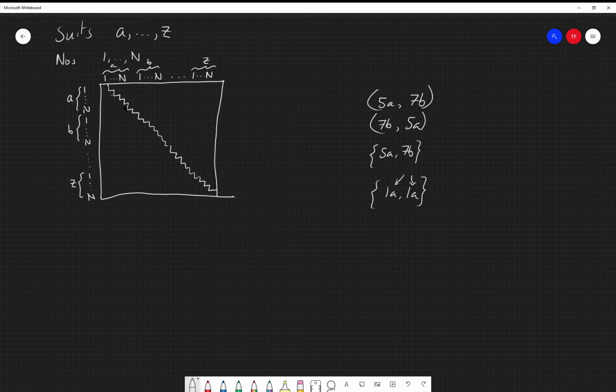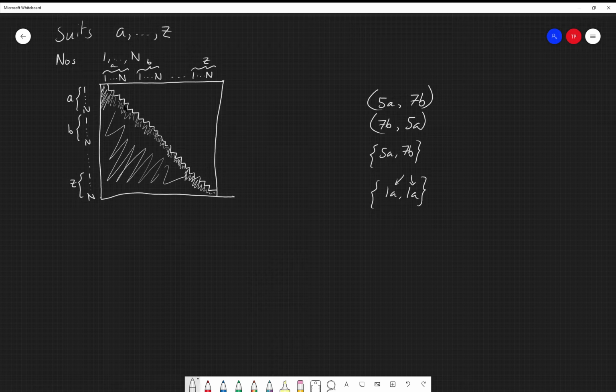So we have this line that cuts everything off, and down here, this stuff, we don't worry about this. These combinations are not going to be considered because they're just either not possible or they're copies of combinations that will be appearing in this region. So we can just scribble this area out and not worry about it.